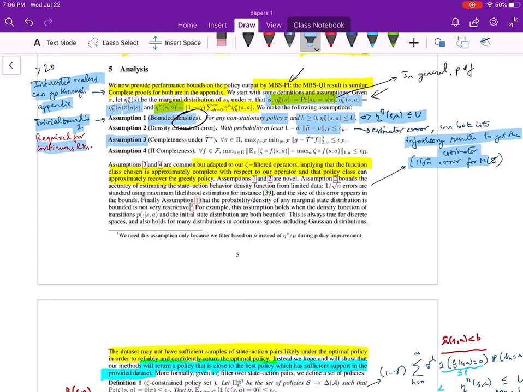So assumption 3 and assumption 4 follow from the usual FPI and FQI analysis, but you have to just include the filter functions. So yeah, here and here.